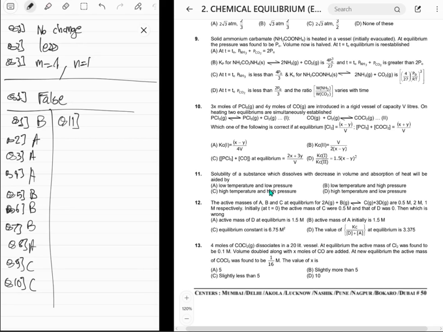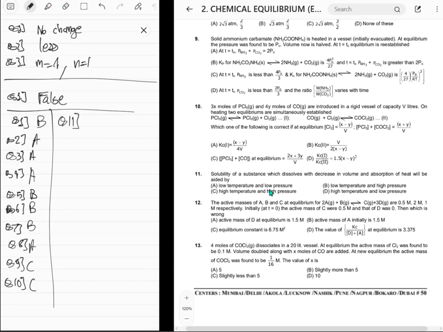Decrease in volume of, I think, the whole system. So if it is decreasing your volume, for example, ice to water, you have a decrease in volume because ice has more volume. And when you increase pressure, it melts more easily.